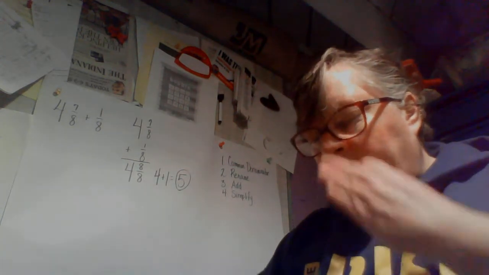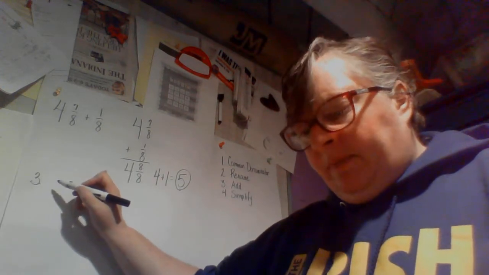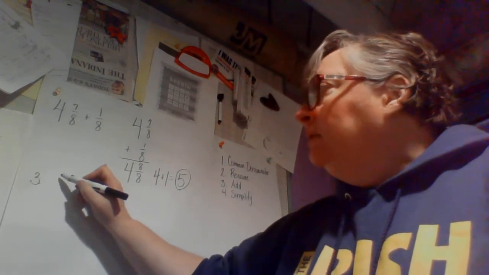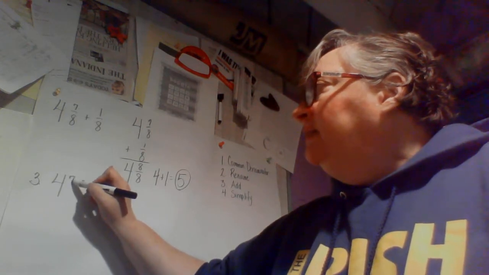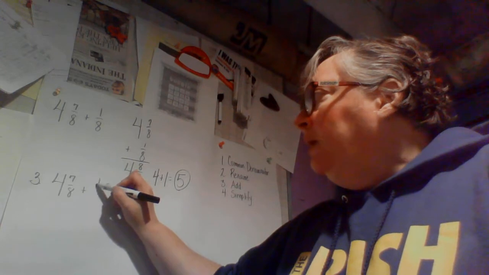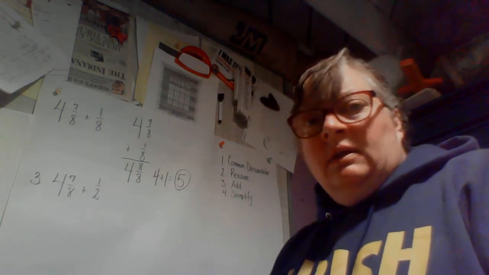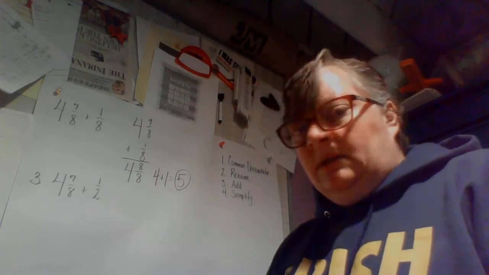I'm going to do number 3. On the paper, it looks like this. 4 and 7/8 plus 1/2. And I already know right then and there that we need to have common denominators.